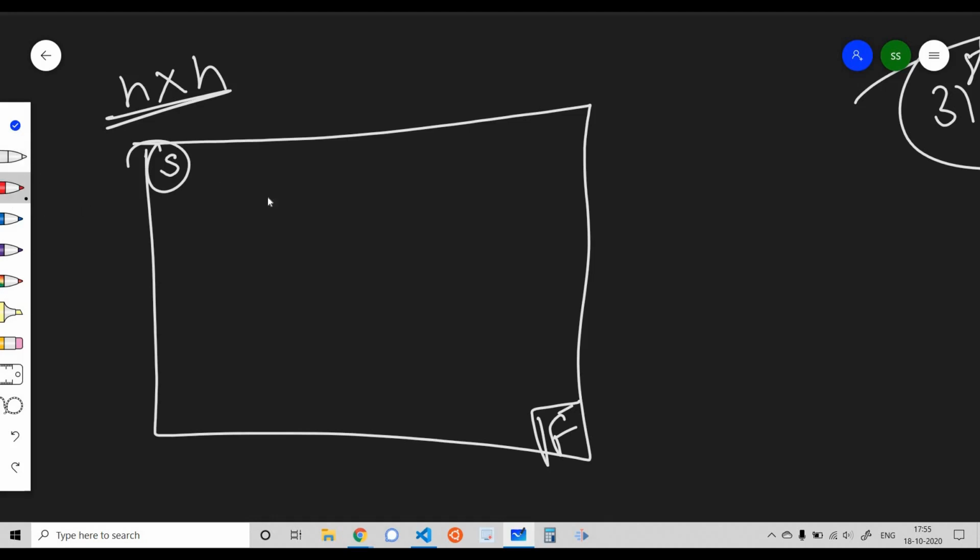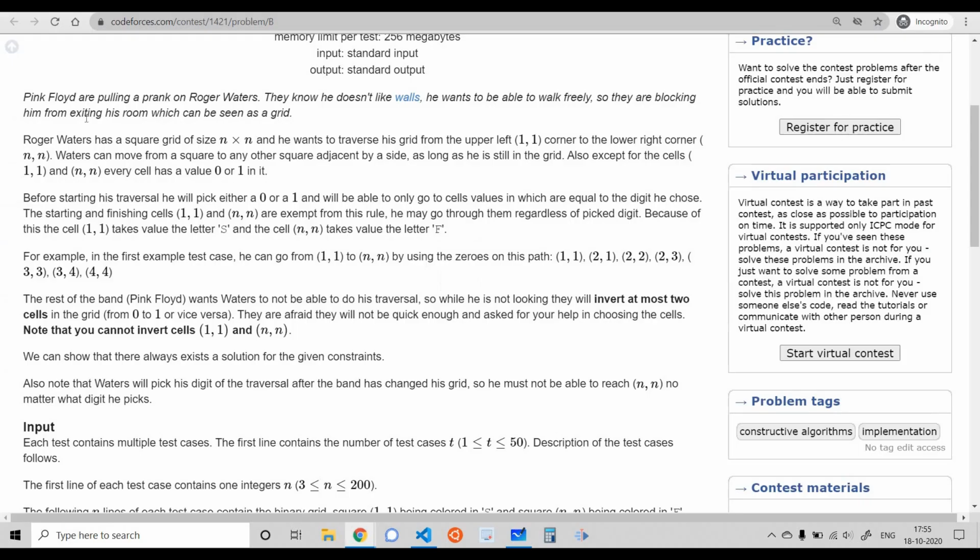All other cells are filled either with ones or zeros, except those two cells, s and f. And that particular person, let's see the name of that person, it is Roger Waters.